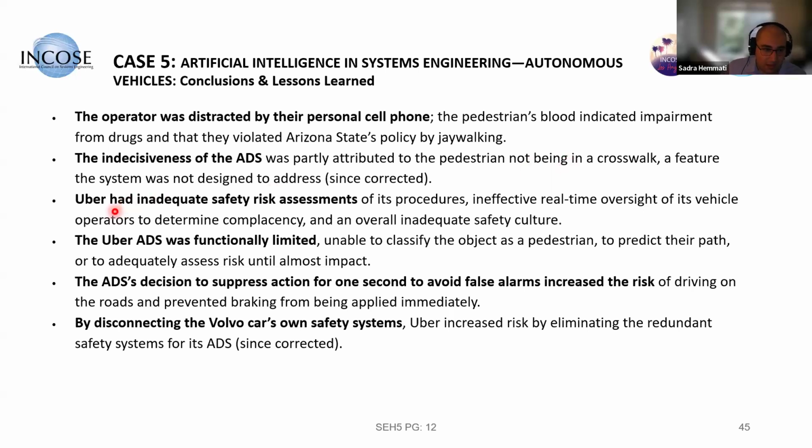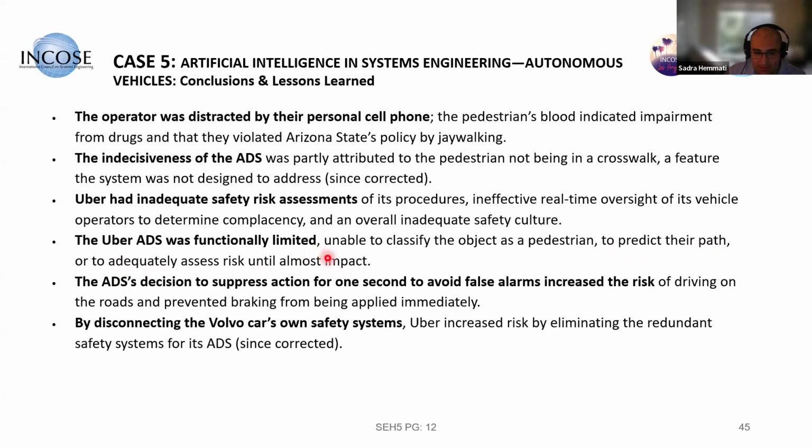So Uber had inadequate safety risk assessments, ineffective real-time oversight of the vehicle operator to see if they're attending to the situation, and a weak safety culture. The Uber ADS was functionally limited. We saw that it couldn't classify the object as a pedestrian, bicycle, vehicle, or unknown, couldn't predict their path, and couldn't assess risk until almost impact.